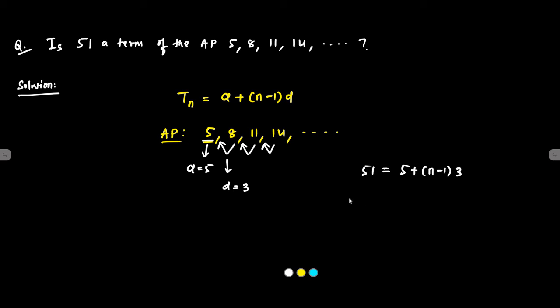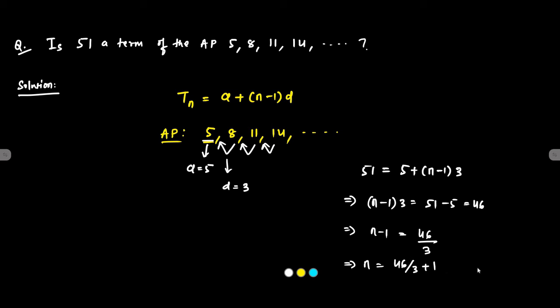That implies n minus 1 into 3 is equal to 51 minus 5, which is 46. That implies n minus 1 is equal to 46 by 3, or n is equal to 46 by 3 plus 1.